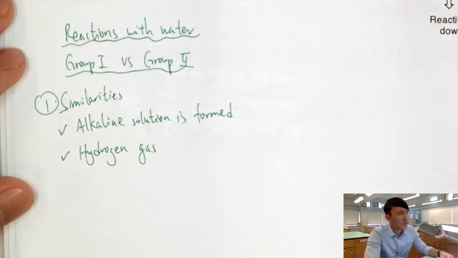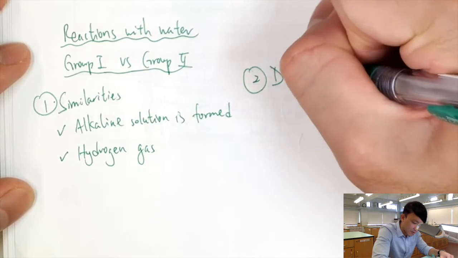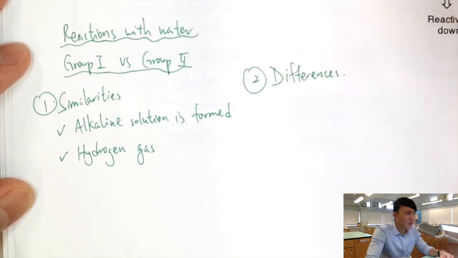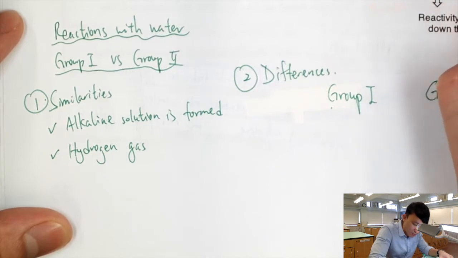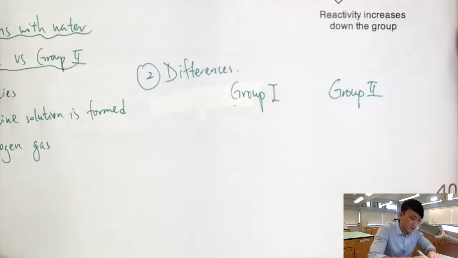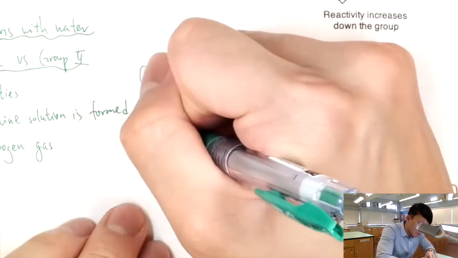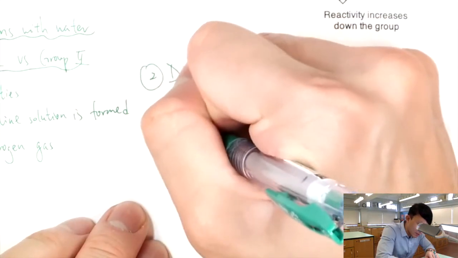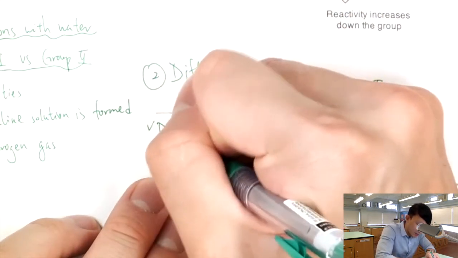So these are the similarities. But what are the differences? We have Group 2. Okay? We make use of a table. So first of all, we look at the density, and therefore the sink or float.